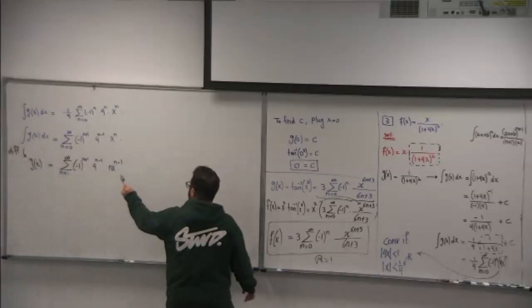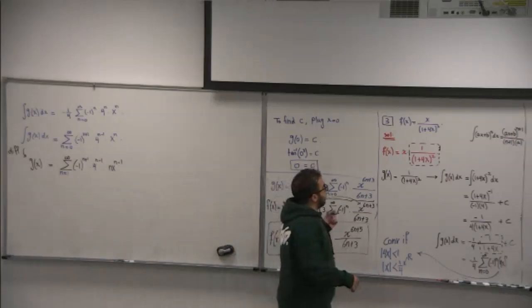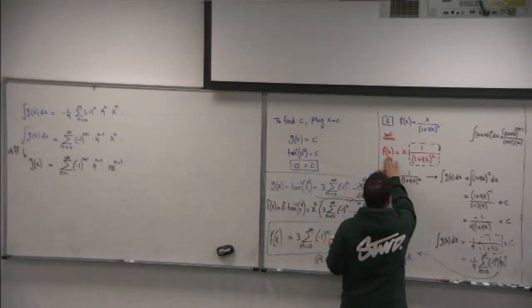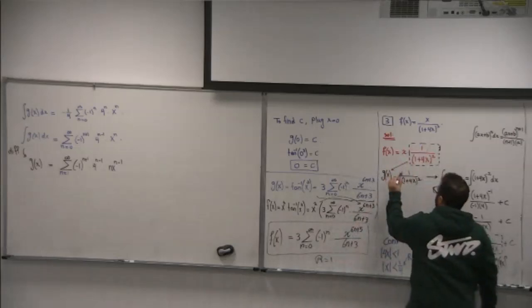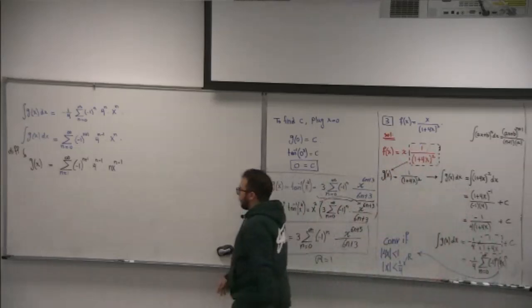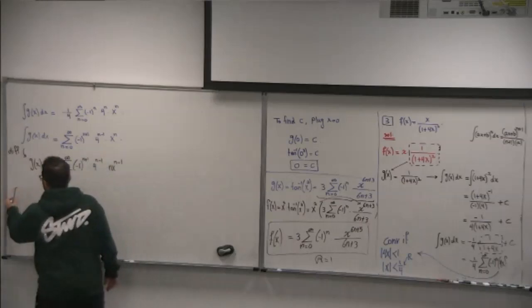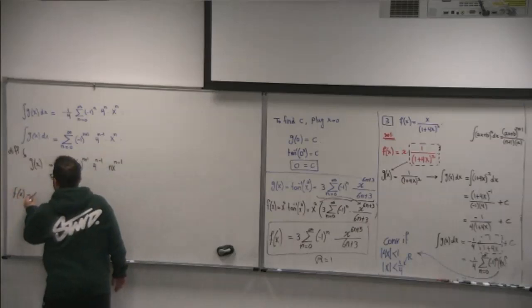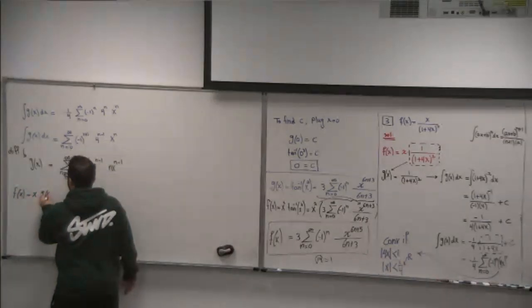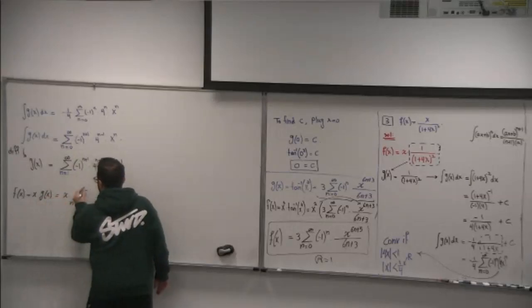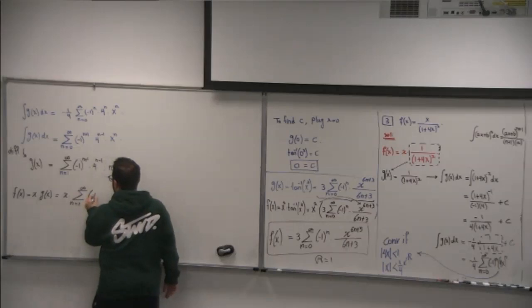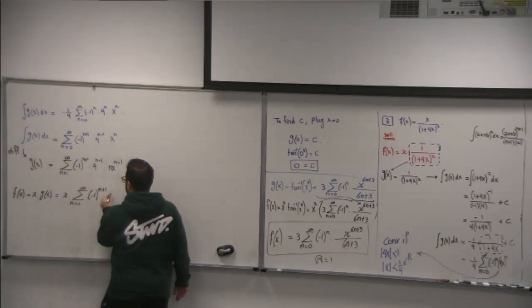Okay, so this is g of x as a series now. But, okay, what is f of x? f of x is just x times g of x, because g of x is this, remember? So f of x is x times the series. That's it.